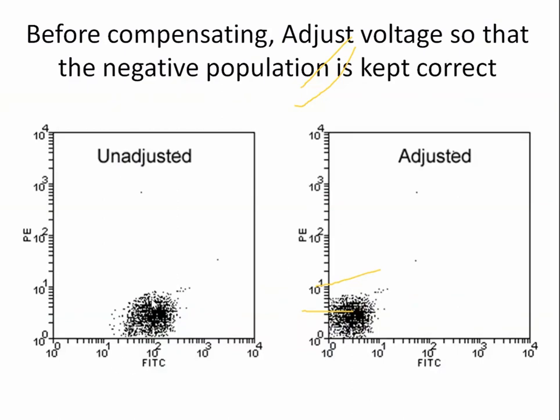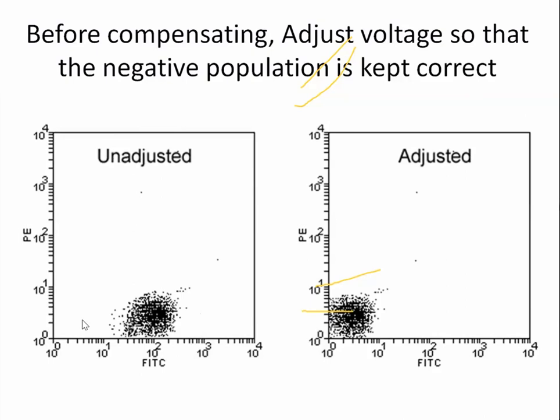For example, if the negative population is lying here and the positive population is somewhere out, you need to adjust the voltage of the detector so that this negative population comes to this particular area, so that the separation between the negative and the positive will be good. Bringing this population from here to here is done by adjusting the voltage. So the negative population should be kept in the negative area, and then you need to start doing compensation.